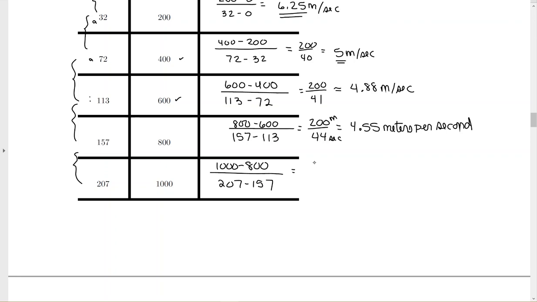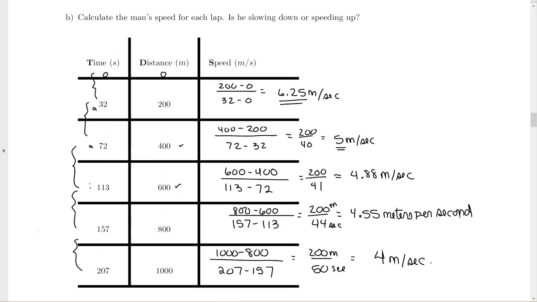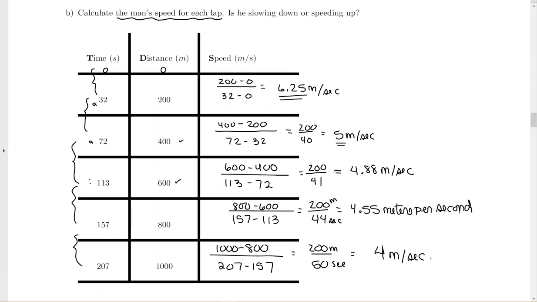So we're looking at 200 meters for every 50 seconds, or 4 meters per second. So there's the man's speed for each lap. And then is he slowing down or speeding up? He's definitely slowing down.